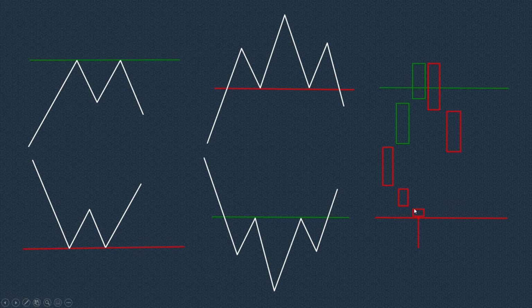Almost the same thing works with the jack. The price is breaking, and after the impulse, after the breakthrough, it returns back and leaves only its shadow below the level, or I mean above the level. It depends on the situation.